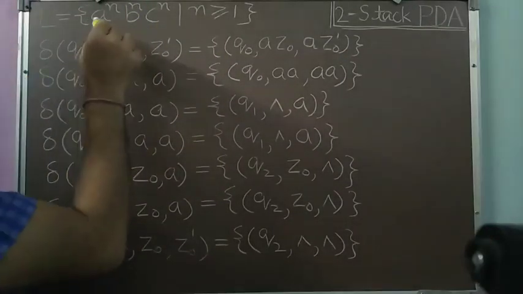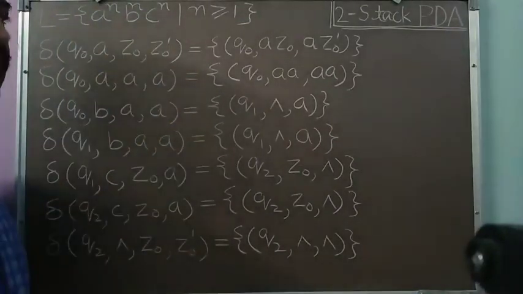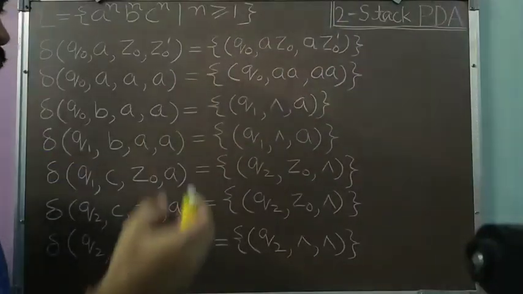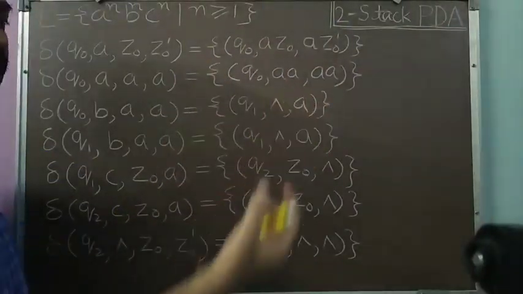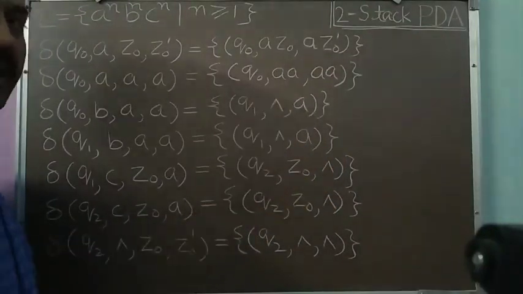Its strategy will be: when all the A's come to us, we will push all these A's onto both the push down stores. Because it is a two-stack PDA, we have two memories attached to our machine, that is, the two push down stores, PDS1 and PDS2.